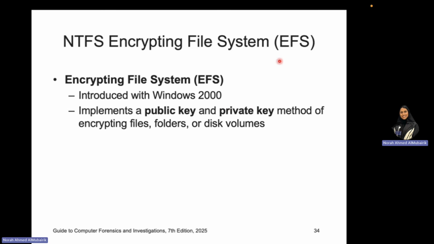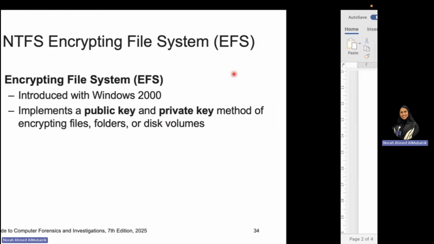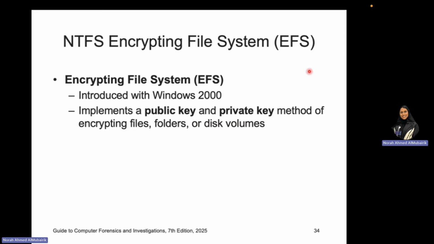So the decryption will be based on the user login to the system. If I access Windows using my account, then it takes the private key and decrypts the files. This encryption and decryption can apply to files, folders, or disk volumes.